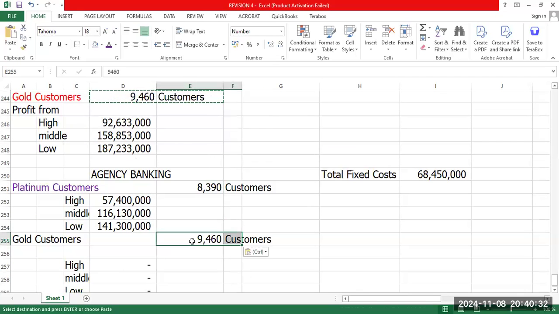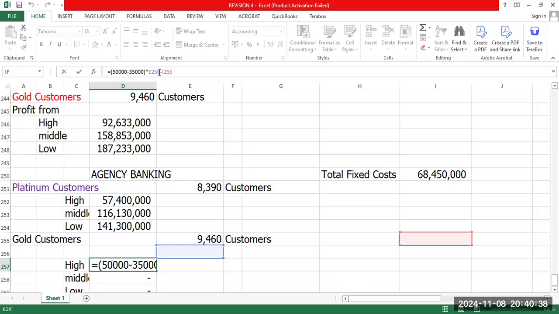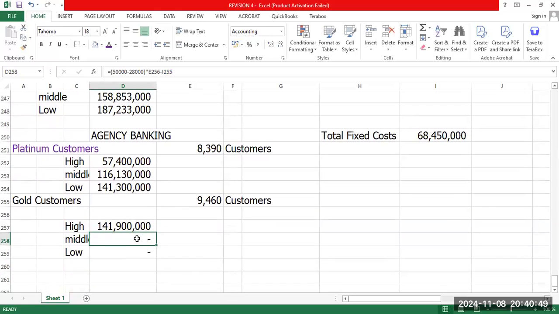I will just be changing this number, because other things are the same. The difference is on the number.